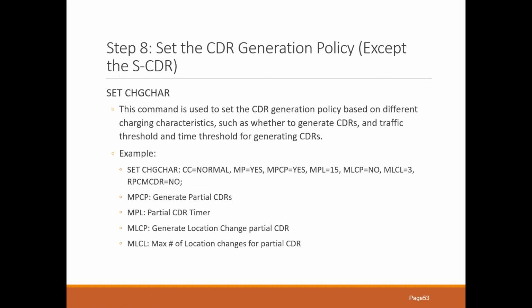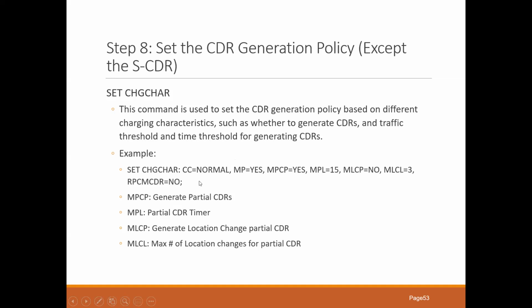Next is your CDR generation policy. This is to specify, for a specific CDR, what sort of attributes the CDR will have. For example, we are generating an MCDR, so what are the different attributes of this?